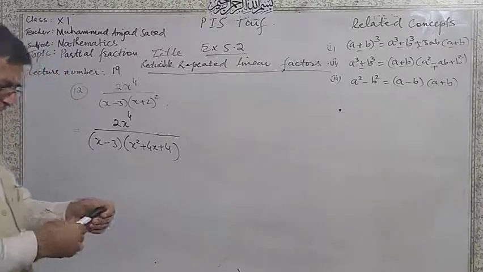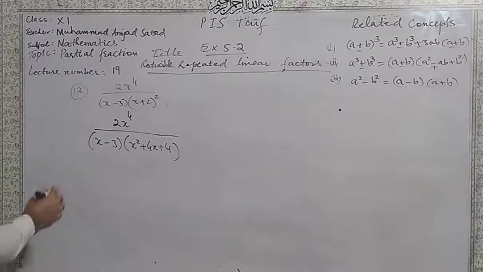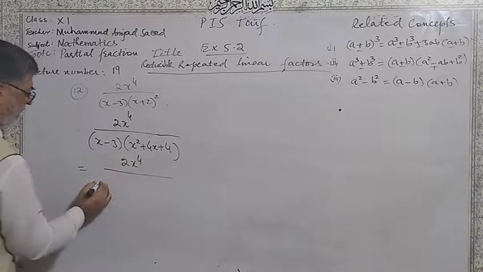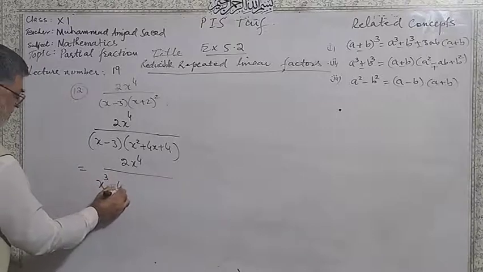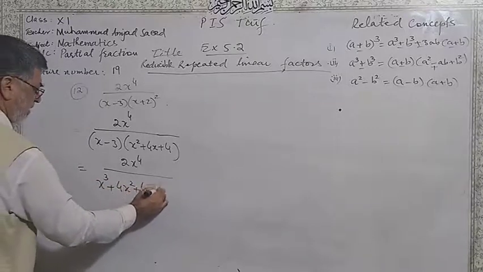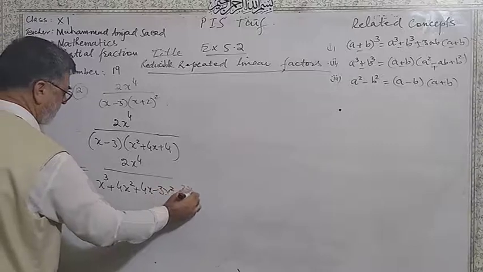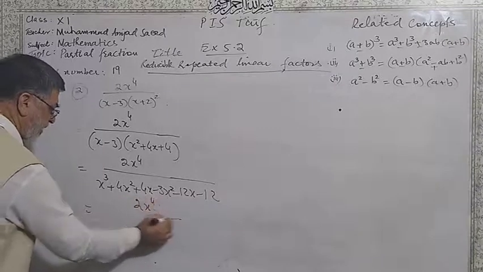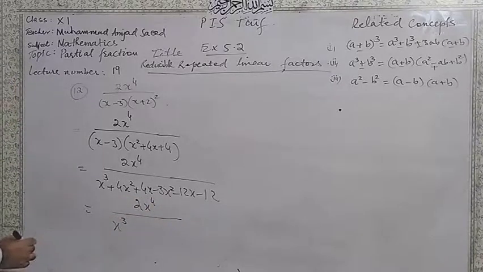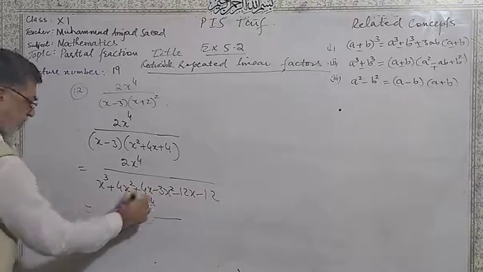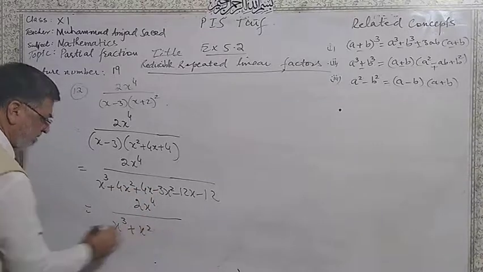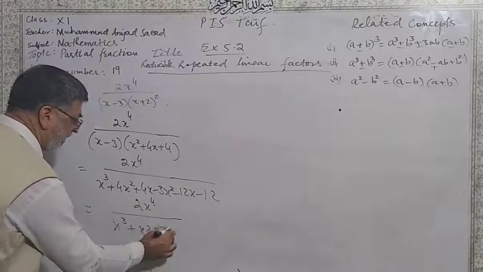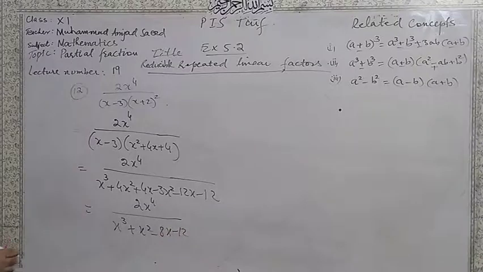We will multiply in the denominator: x cube plus 4x square plus 4x minus 3x square minus 12x minus 12. 4x square minus 3x square is plus x square, and 4x and minus 12x is minus 8x, and minus 12.